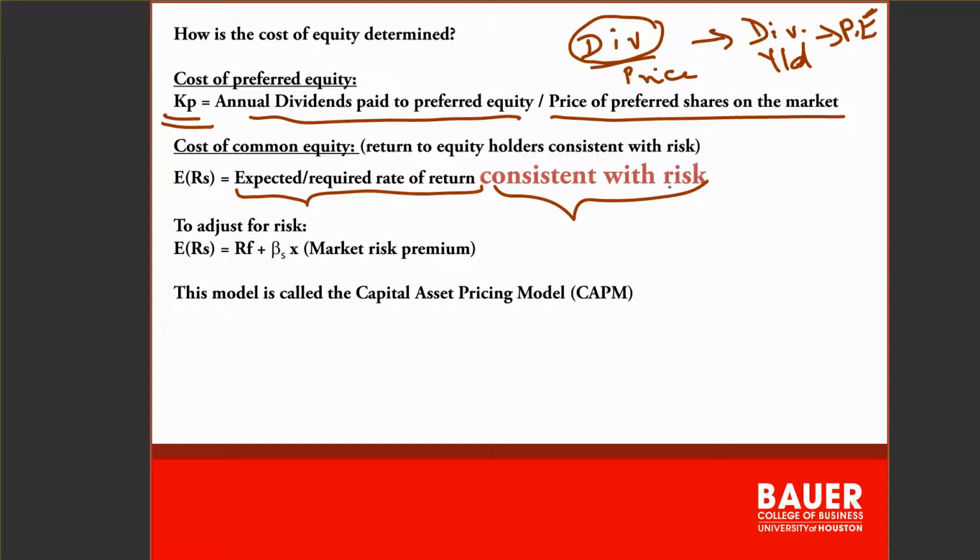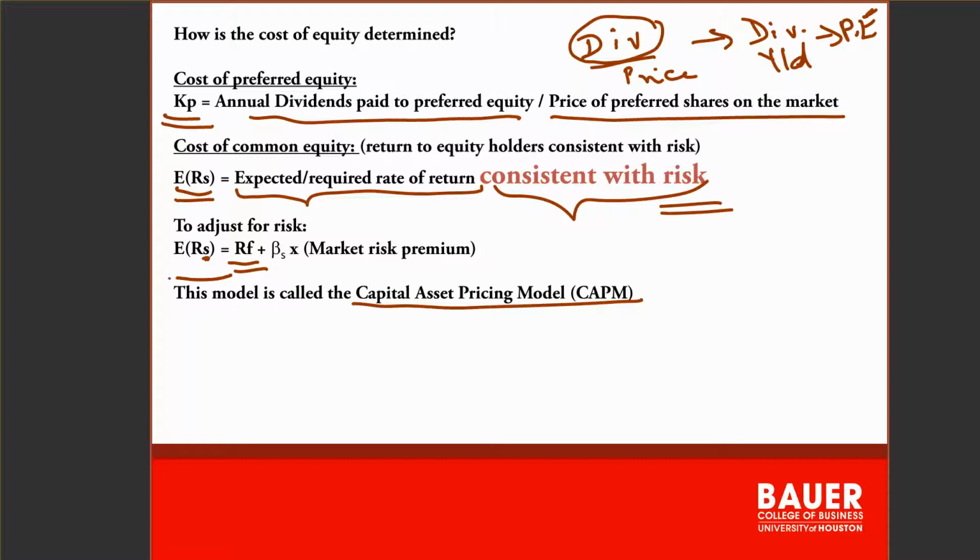In order to bring in this adjustment for risk, without going into too much detail, what we're going to do is use something called the capital asset pricing model, or the CAPM model. According to that model, the expected return, the required rate of return on any stock, this S stands for stock, you can think about as coming in two components. One is what's called the risk-free part of it.